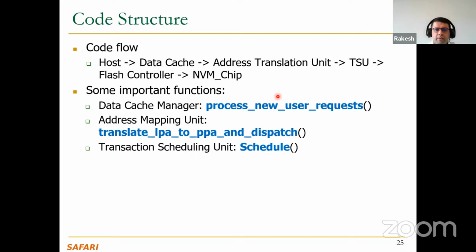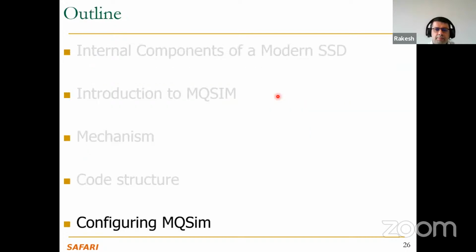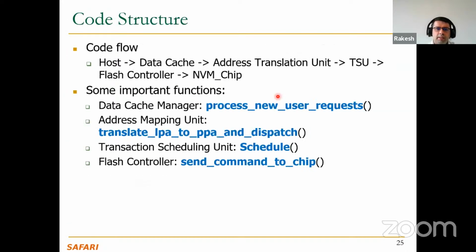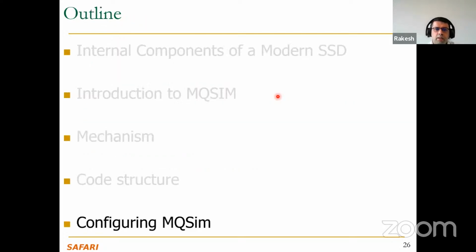The transaction scheduling unit has a schedule function, which is critical for understanding the TSU. And in the flash controller, we have the send command to chip, which prepares the command and sends it to the chip. So these are the important functions which need to be looked into.